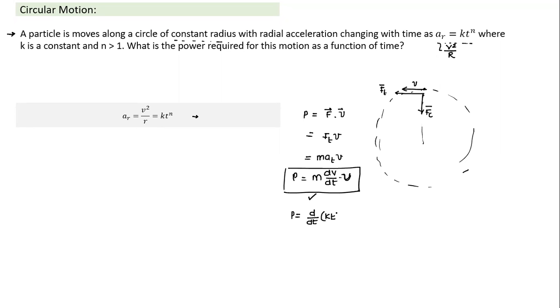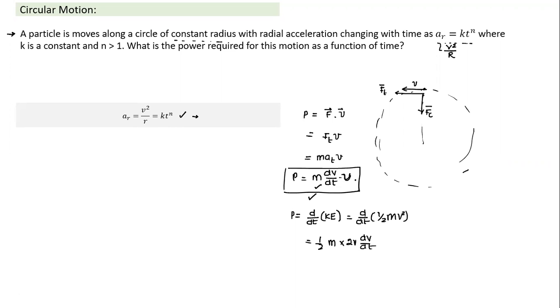That also is power. So I could also have done d by dt of 1 by 2 mv squared. If I do so, 1 by 2m into 2v into dv by dt, and we find both expressions are the same, and it has to come out the same. So either way, this is what is given, and this is what I need to find.